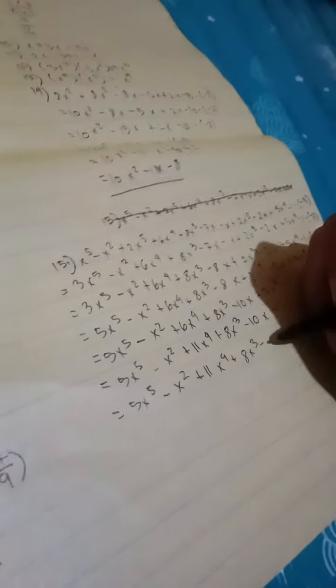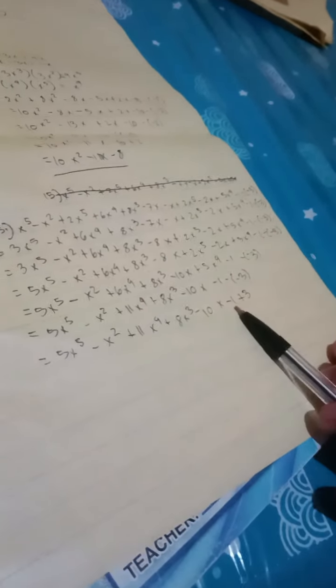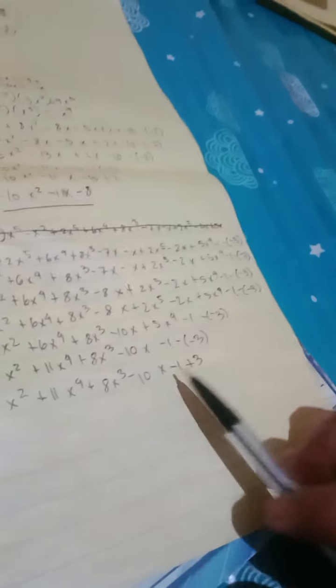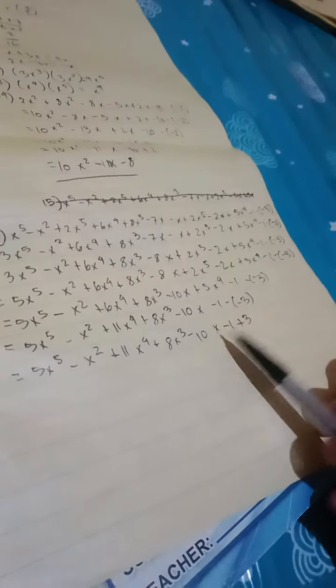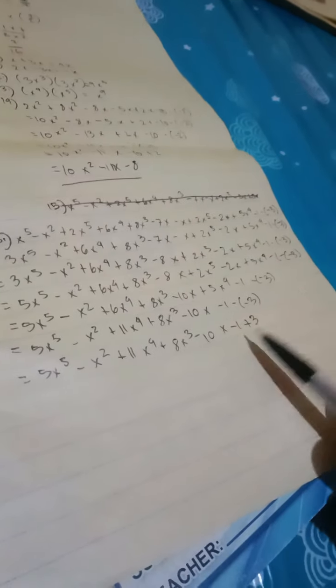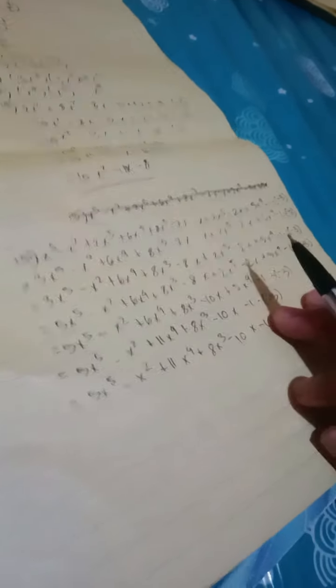3, negative 10x, negative 1 and positive 3 over here, and add the 1 and negative 1, and since we're gonna subtract these two since they're not the same sign, to get the negative 2, we're gonna subtract that.